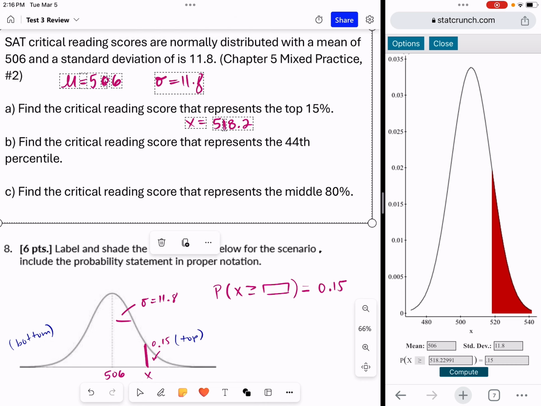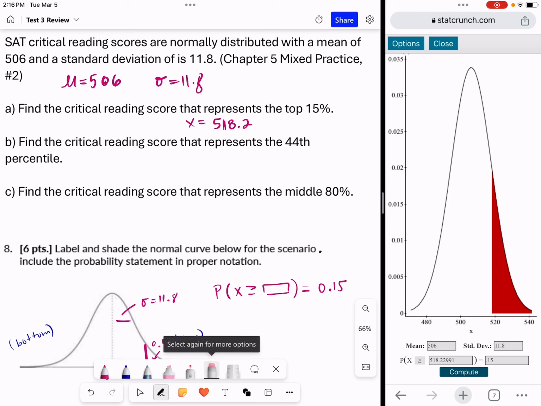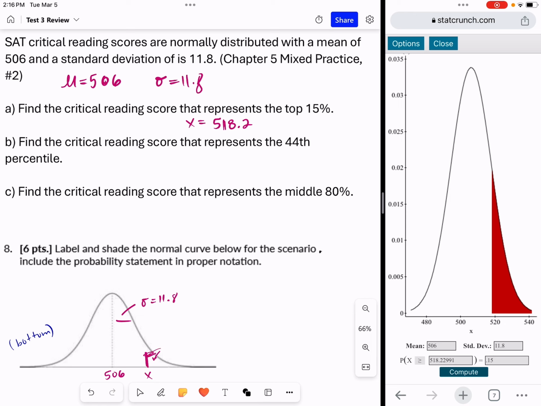All right, then we want to find the critical reading score that represents the 44th percentile. Well, remember that percentiles are always dealing with the percentage that is below.